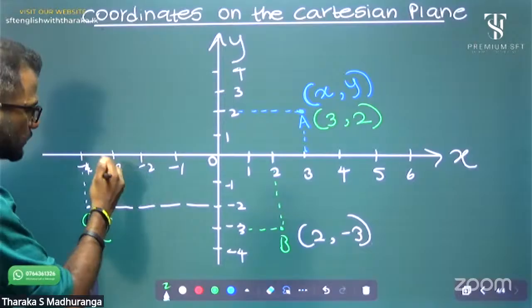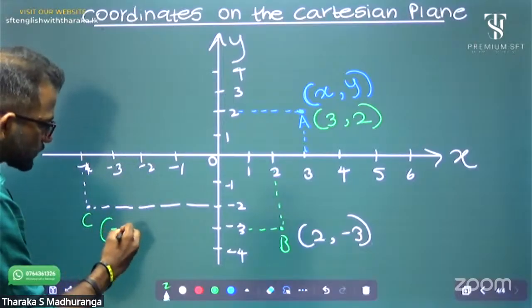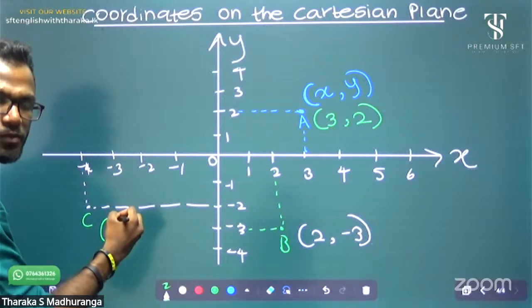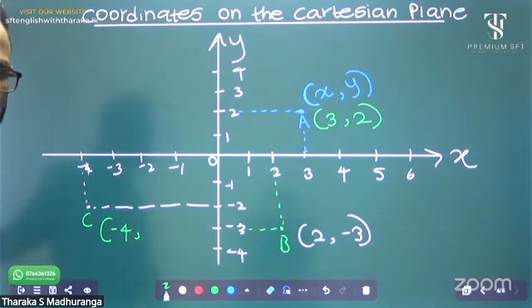That's the meaning of x value. -4, comma, is it +2 or -2? -2.